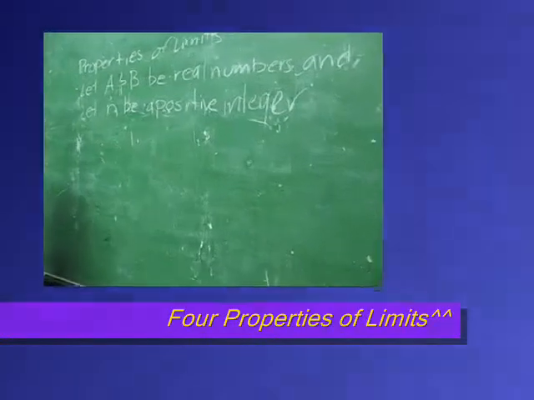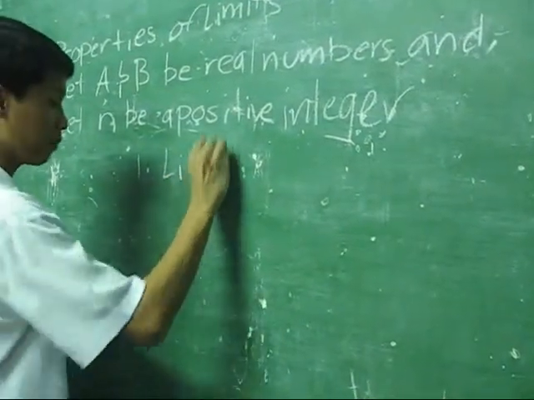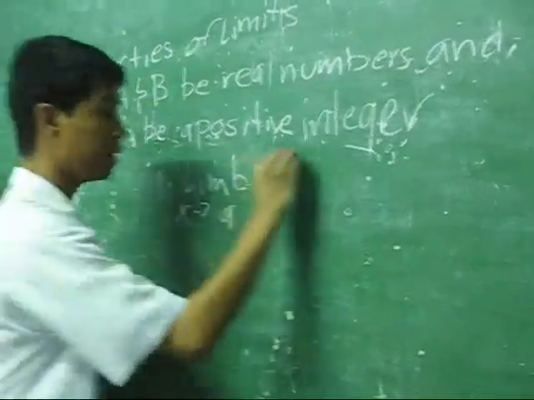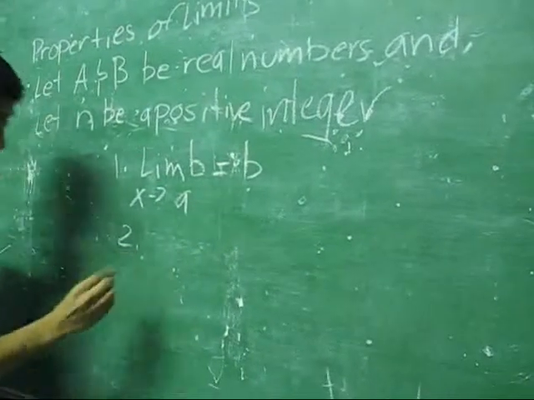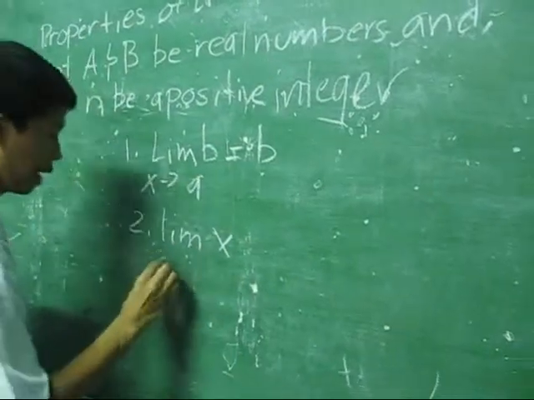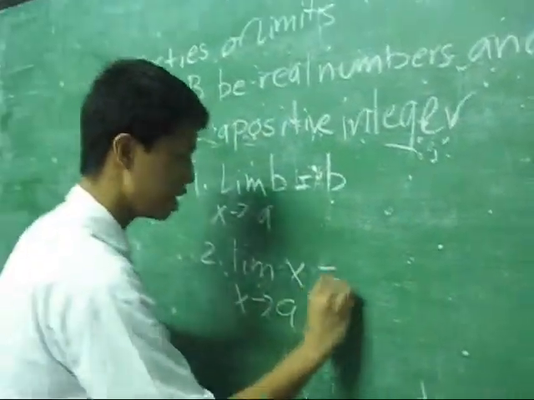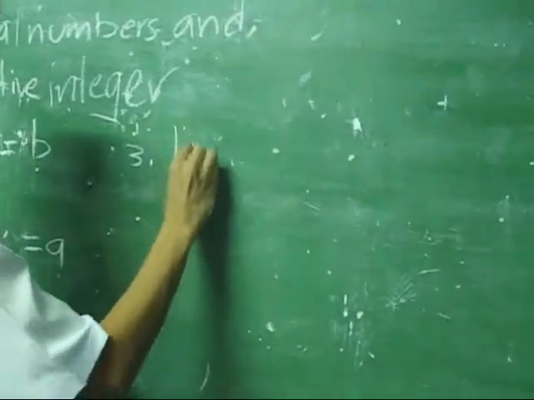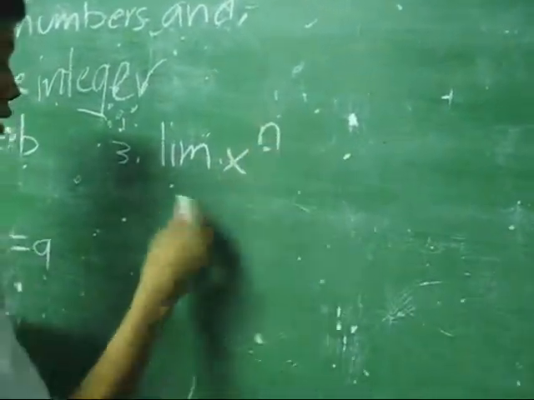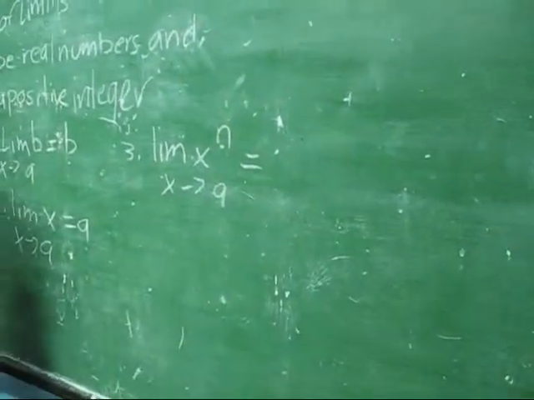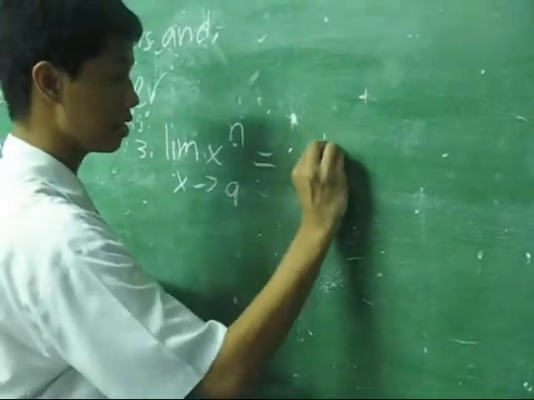The first property, limit of B as x approaches A is equal to B. Second property, limit of x as x approaches A is equal to A. Third property, limit of x raised to n as x approaches A is equal to A raised to n.